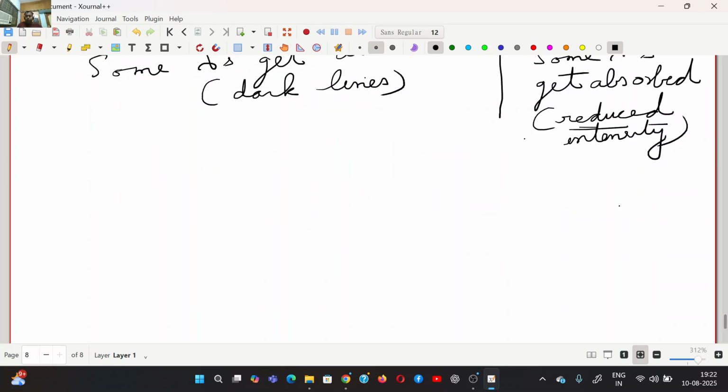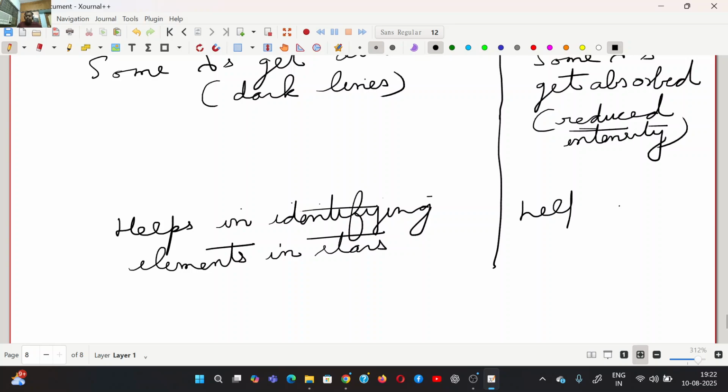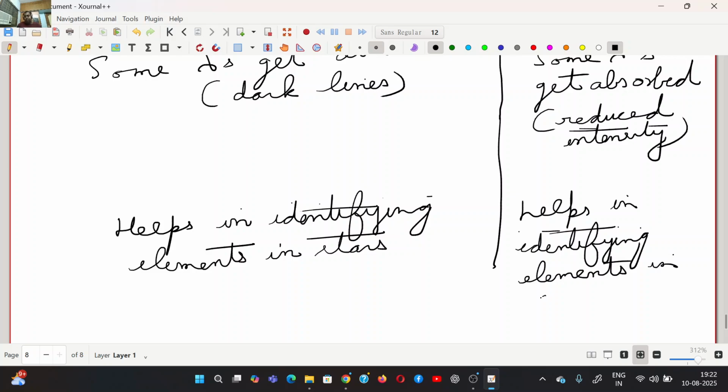Okay, so Fraunhofer line helps. It's mostly in the astrophysics area. It helps in identifying elements in stars. AS helps in identifying elements in samples.